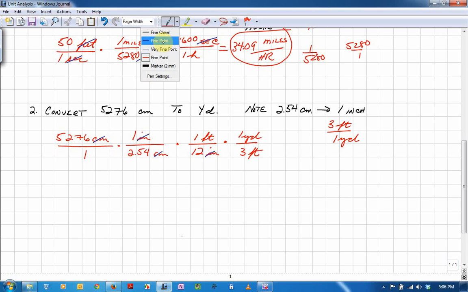And what you're going to see is the feet are going to cancel. And the only unit I'm going to have left is the yards.